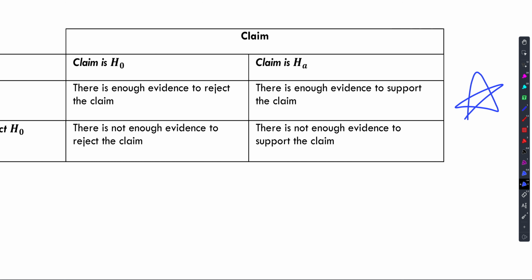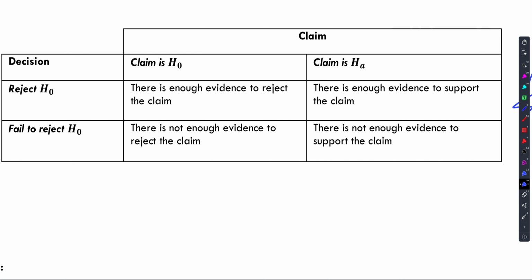Let's see how it breaks down. Here we have our decisions, and here we have what our claim is. Knowing what the claim is, whether it's H0 or HA, is very important. If our claim is the null hypothesis and we end up rejecting the null hypothesis, the wording you're going to use is, there is enough evidence to reject the claim that, and then you finish restating your claim in words.